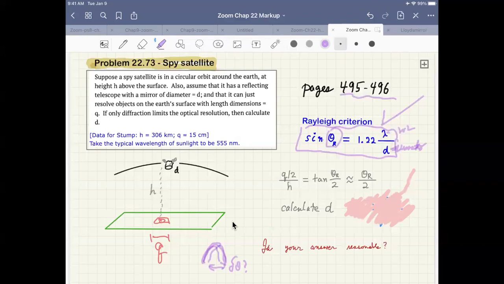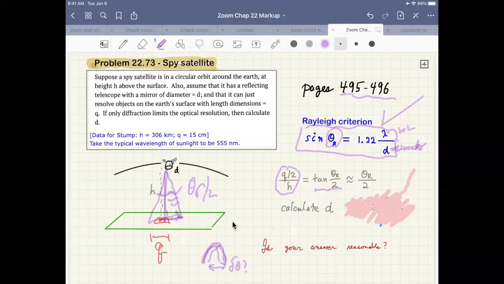So how do we solve this problem? Well, we want, first of all, what's the angle? That's the angle theta r. It's q, or rather q over 2, divided by h. So q over 2 divided by h is the tangent of theta r. I guess I'm going to call this angle theta r, so this part would just be theta r over 2.